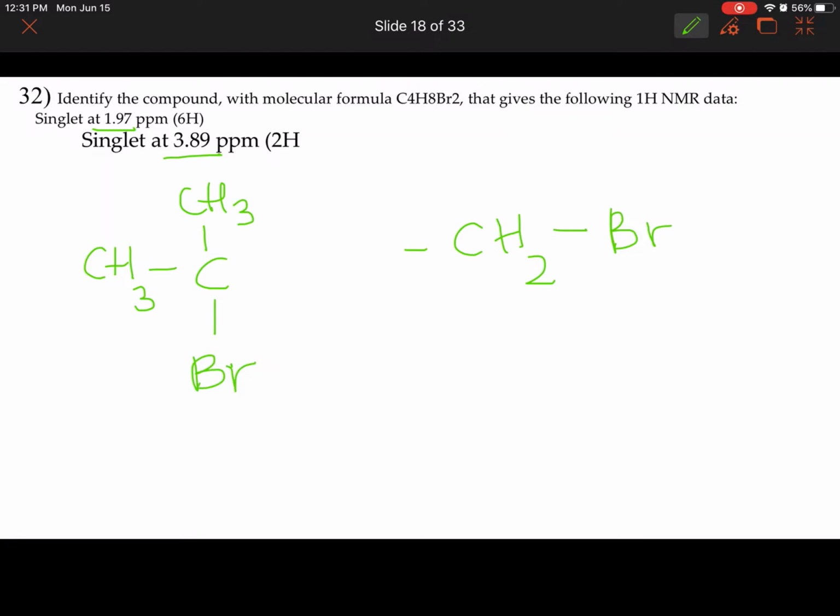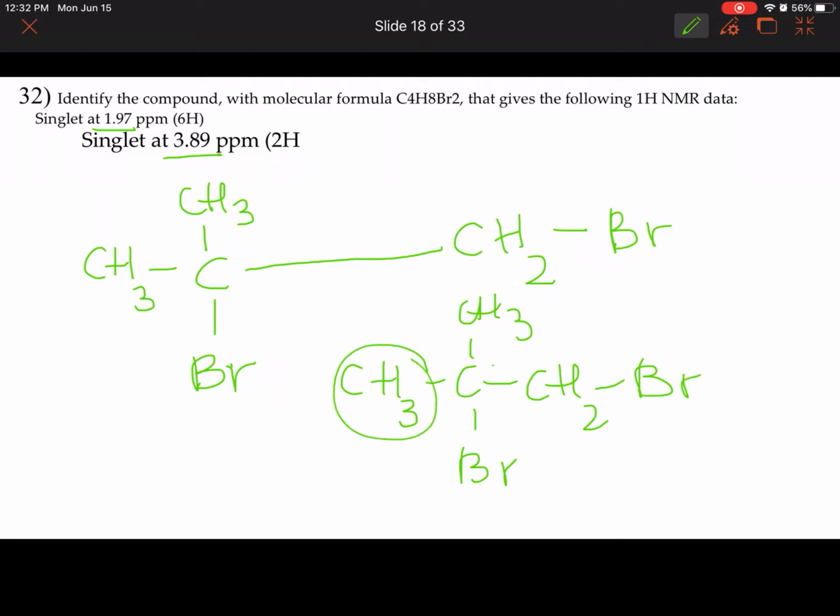And 1.97 is also more downfield compared to if you didn't have an electronegative atom. So now we found the 2 pieces. We can combine them together, giving us this molecule. 6 hydrogen singlet, 2 hydrogen singlet, and their chemical shifts also resemble the connectivity directly to electronegative elements. Okay, that is the molecule.